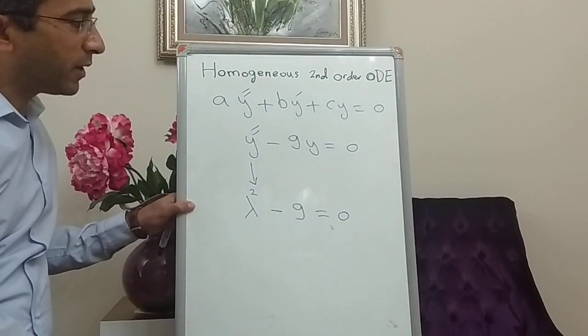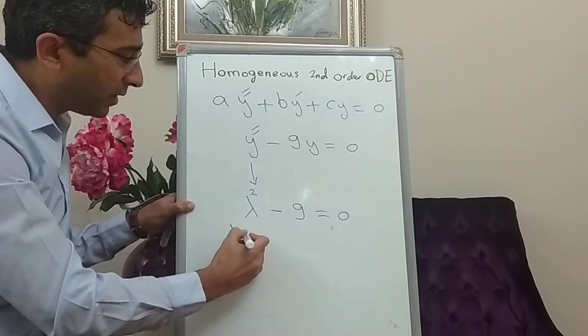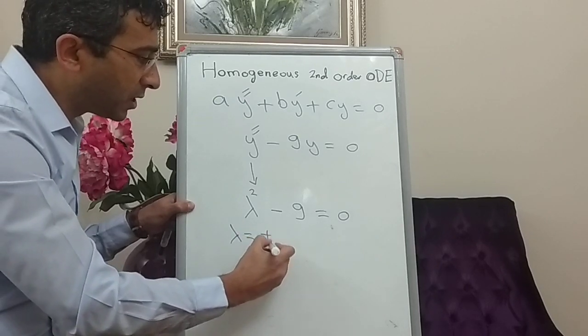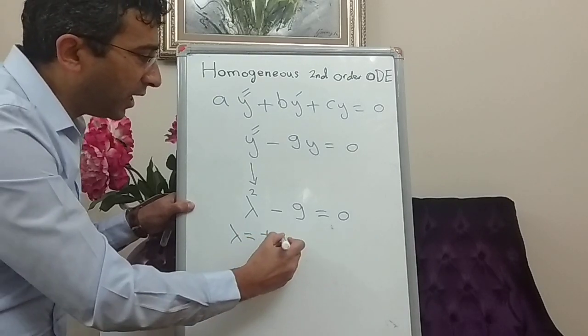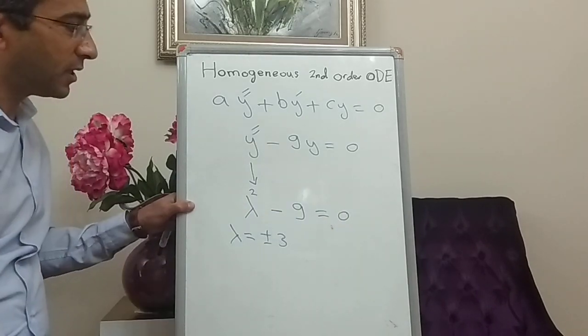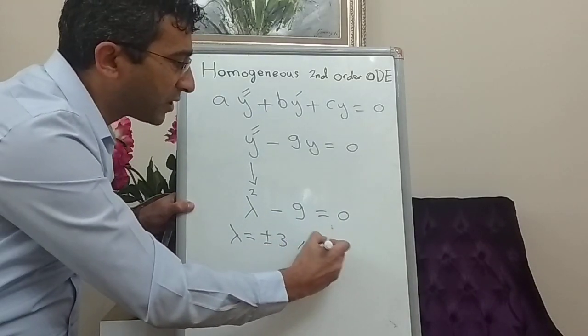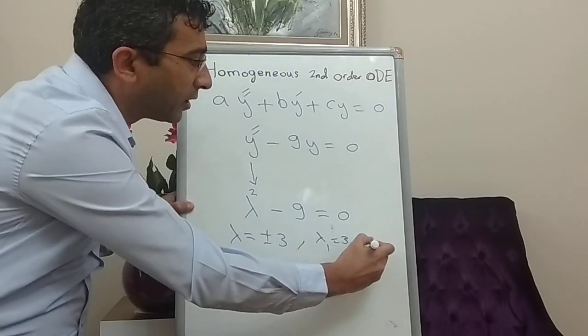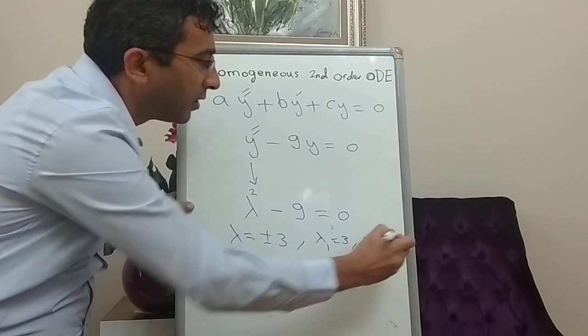From the characteristic equation you will have two roots. Take this to the other side and take the square root: lambda equals plus or minus 3. This means you have two roots: lambda 1 is equal to 3, lambda 2 is equal to minus 3.